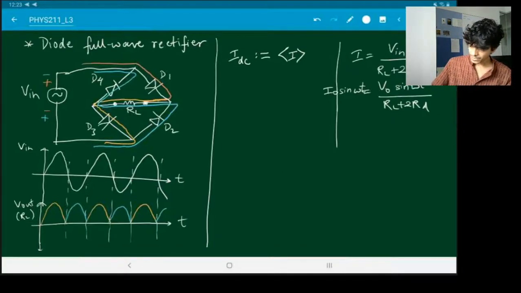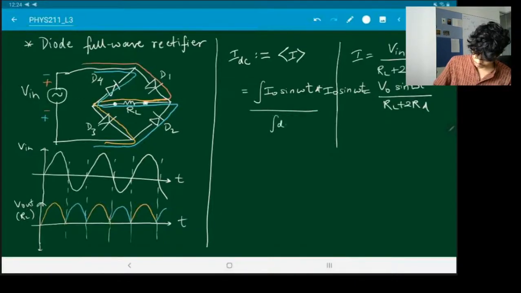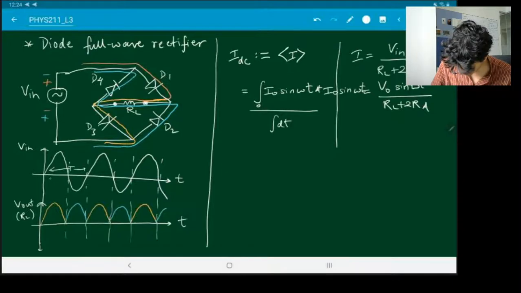So the average value of the current now is going to be an integral where the integral happens from 0 to, so if this is the time period, then this is T by 2.